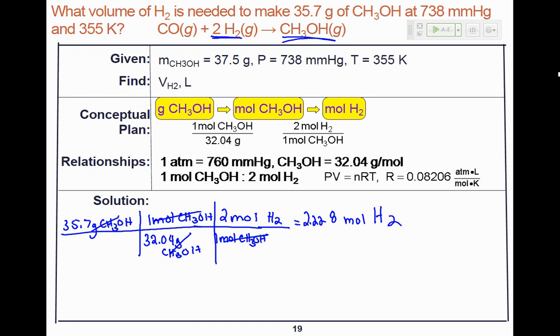I did the 2 mole and 1 mole separately just for explaining purposes. So 2.228 moles of H2. So now we have our moles of H2. That's what we're left with. Now we can take this, and using our PV equals nRT, we can calculate the volume, which is basically what we've been doing this whole chapter.